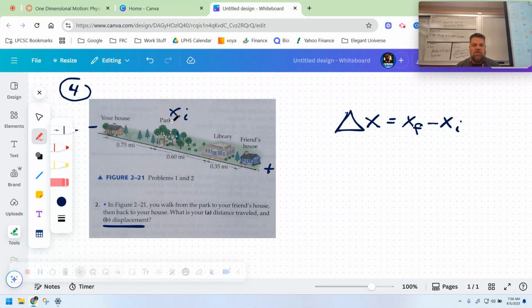this is our initial position, right? And what we do is we go from the park to our friend's house, and then from our friend's house all the way back to our house. Okay? So our final position is here.